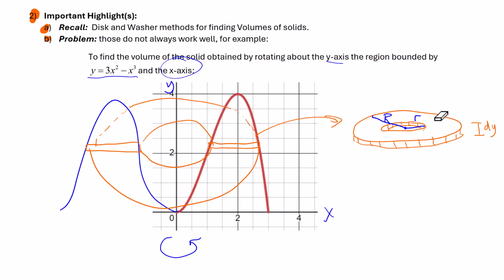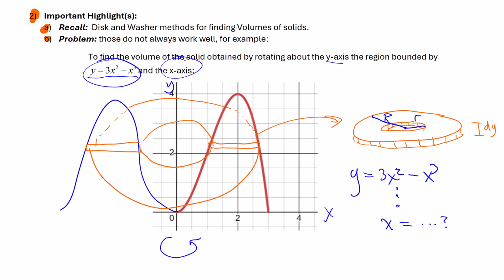The problem with that is, if I have y equals 3x squared minus x cubed, which is again the originally given function for this curve, can we solve that for x so I have x equals something?